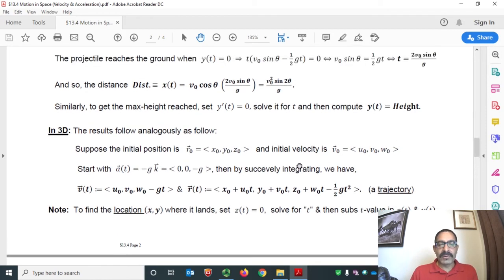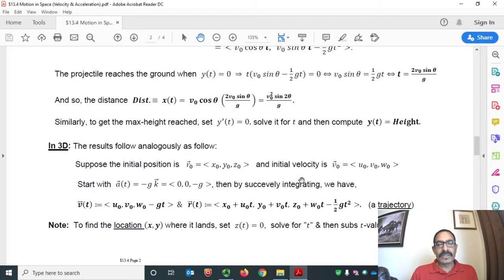So let me make one final comment. You don't need to memorize this formula. Always start from scratch with the acceleration formula, and then take the integrations, find the value of the vector constant, and so on. The first integration of acceleration gives you velocity.